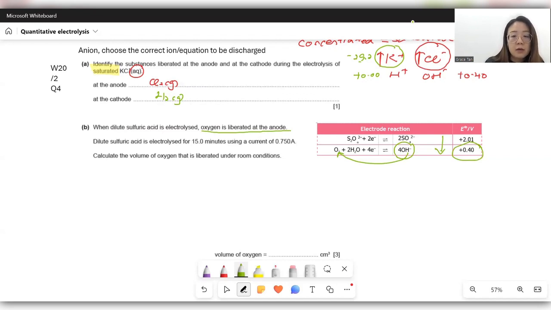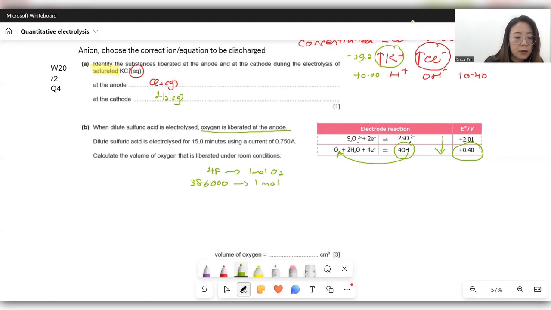All right. So based on this equation, you know that theoretically 4 Faraday, because there are 4 electrons involved, is needed to form 1 mole of oxygen gas. So theoretically, 96500 times 4, which is 386,000 coulomb, can only liberate 1 mole of oxygen gas.